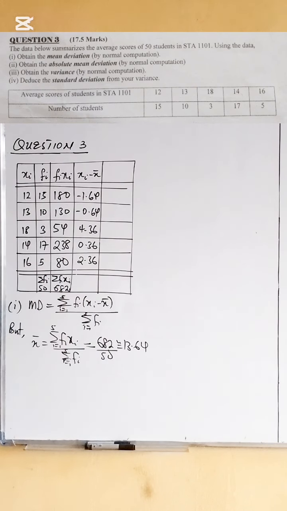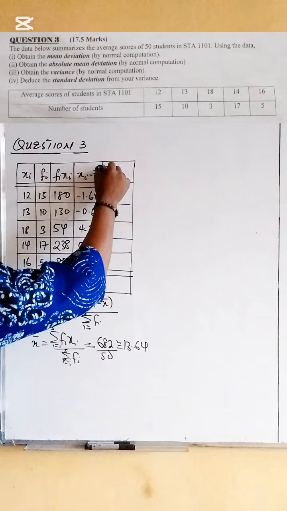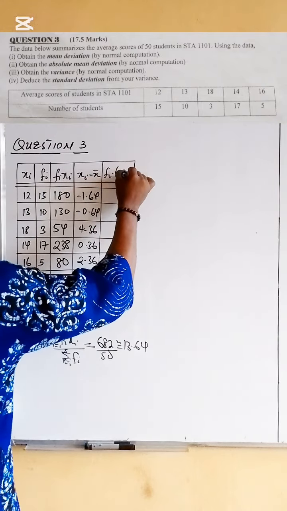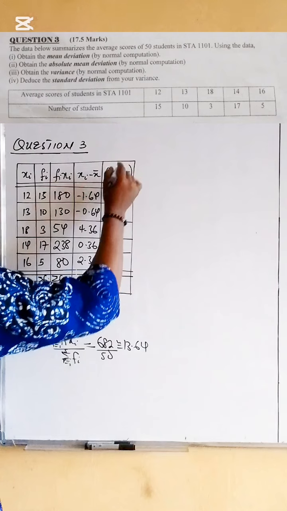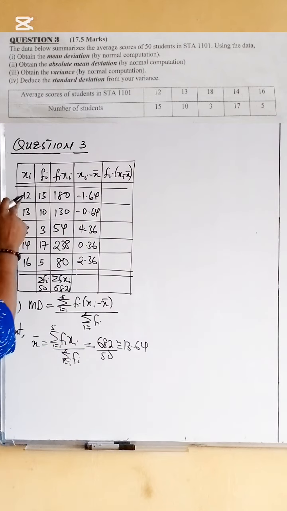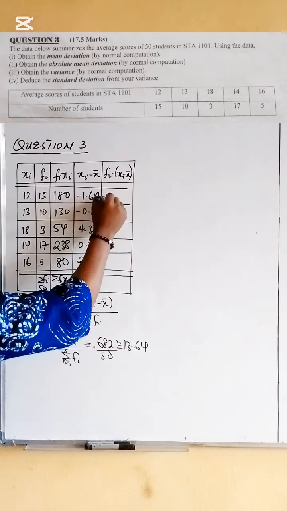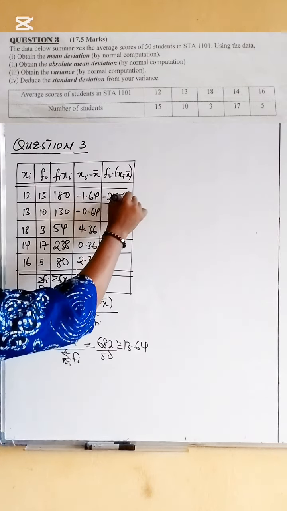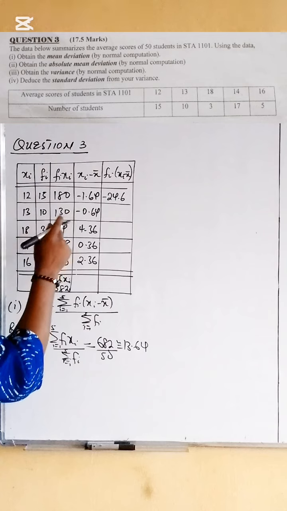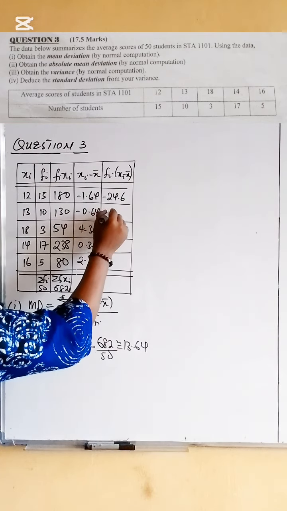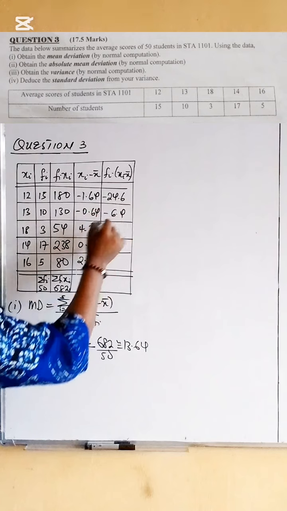Now, once you are done getting all these, you will start multiplying each of them by your fi's. So fi times xi minus x bar comes in here. Now, 15, your first frequency, times minus 1.64 gives you minus 24.6. Okay? 10 times minus 0.64 gives minus 6.4.